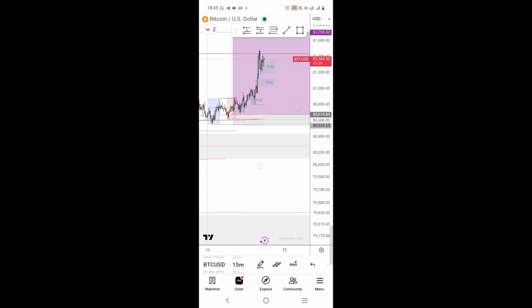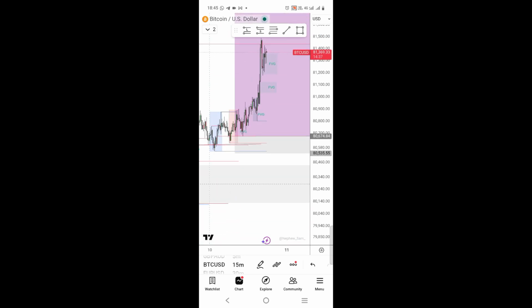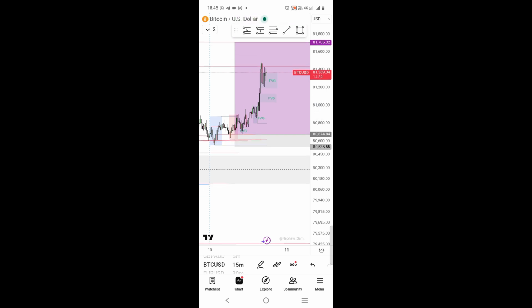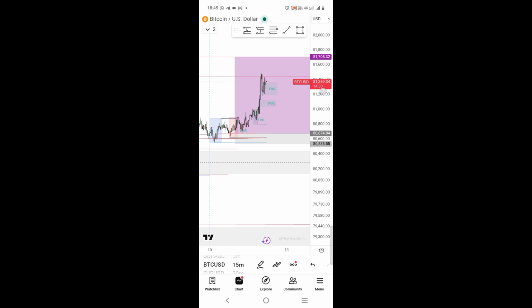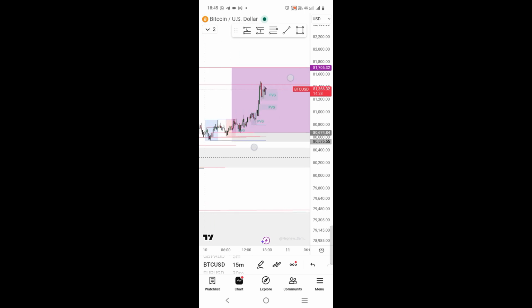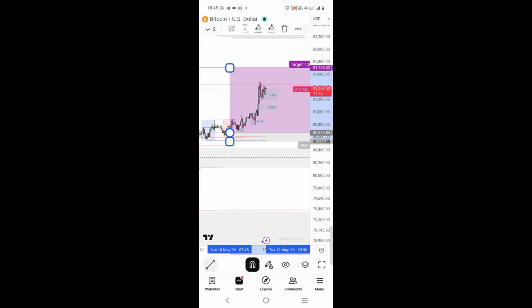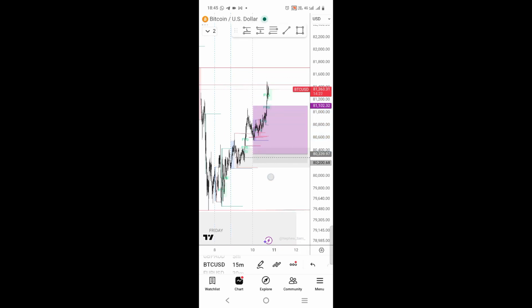On the 15 minutes during the London session this morning, the trade came back to the entry and it was up. We kept on riding up till we got to that daily key level, like I said. This daily key level is about 5R.